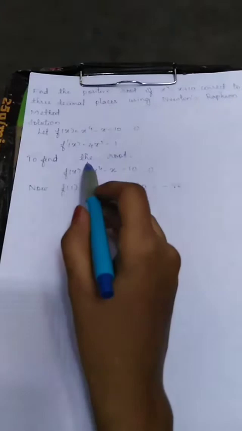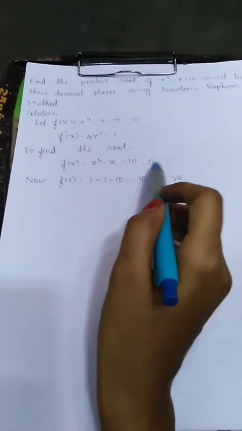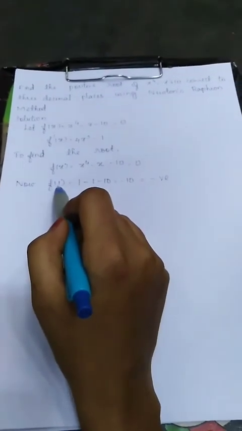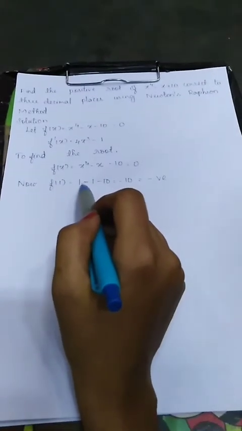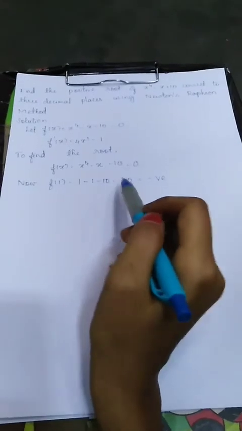Next, we find the root. The given function is f(x) = x^4 - x - 10 = 0. Now, put x = 1: f(1) = 1^4 - 1 - 10 = -10, a negative value.